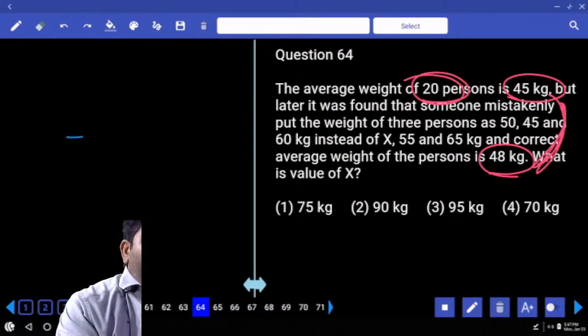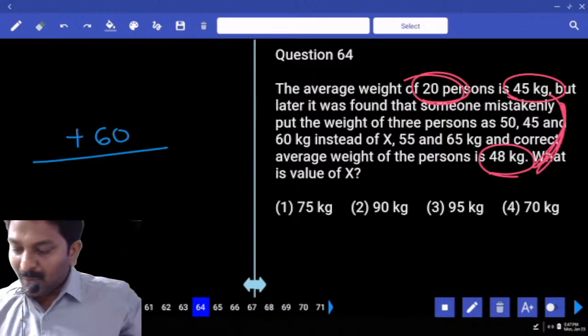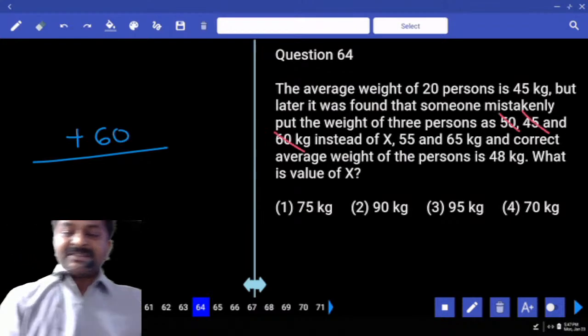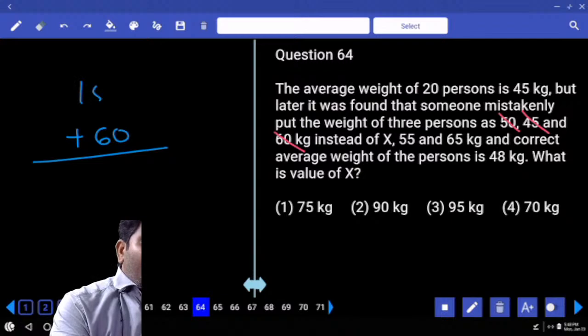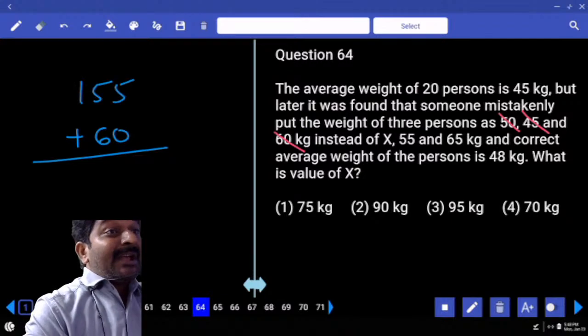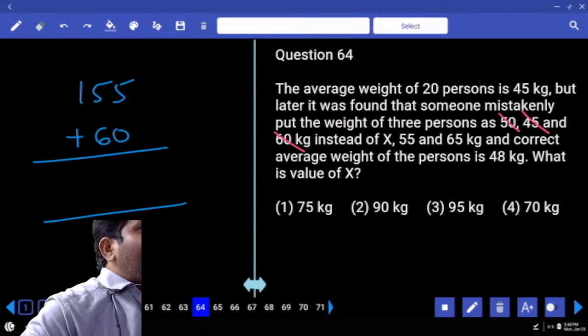So, old people sum plus 60 will give you correct values only. Old people, that means wrong values: 50, 45, 60. Sum of these numbers is 155. These are wrong values. To make them correct, we need to add 60. Then you will get the sum of correct values.